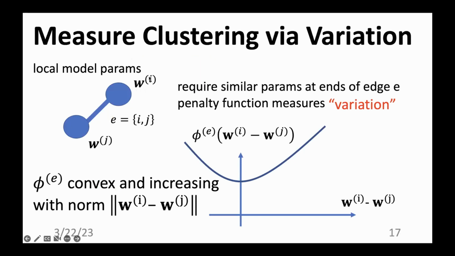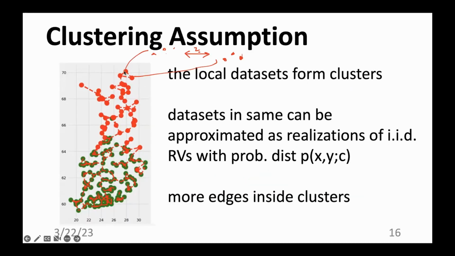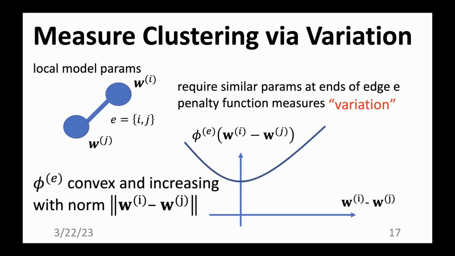We try to fit, of course, each local data set. So we have a local data set at each node and a local model. So it seems natural: let's fit the local model to the local data set by minimizing the average squared error. But we also penalize the variation of the model parameters across edges. So we say, if two nodes are connected, then this means that the statistical properties of the local data sets are similar.